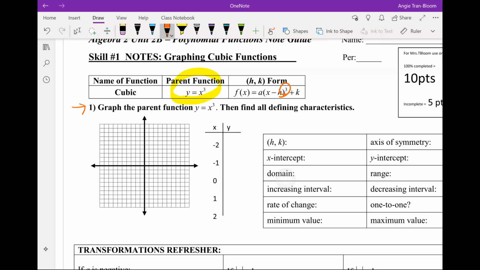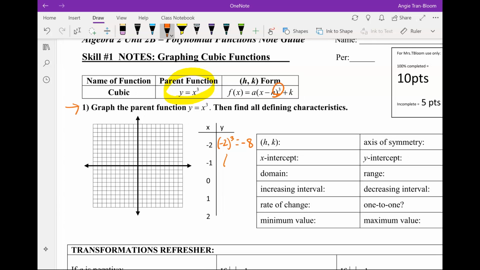So -2 to the third power is what? What's -2 to the third power, Jake? Perfect. But it's not just 8. It is -8. -1 to the third power, Sophia C, what's -1 to the third power? Not 1. It's -1, because guys, it's -1 times -1 times -1.